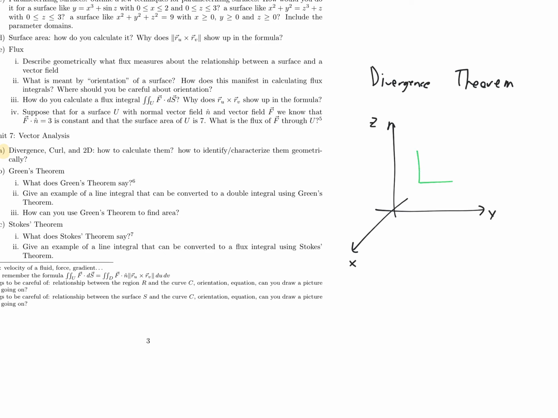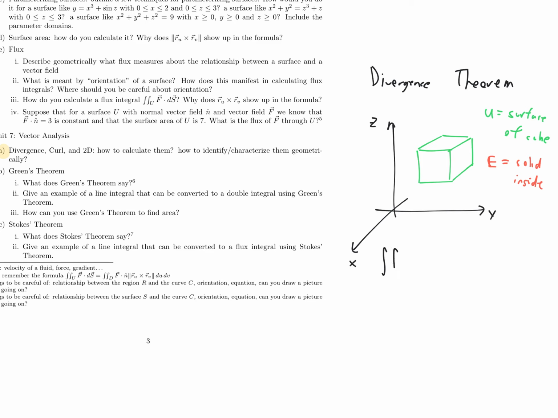So imagine that I have the surface of the cube, and then I'll say that E is the solid inside. Okay, so I have a solid region and then the surface of that solid region.